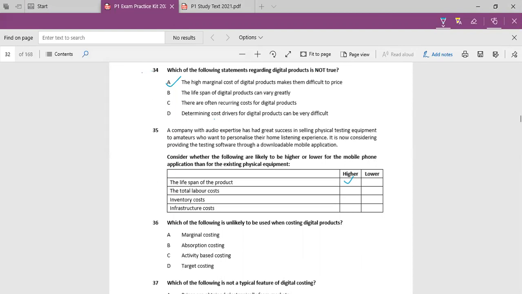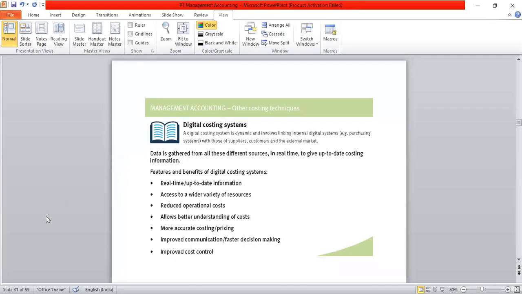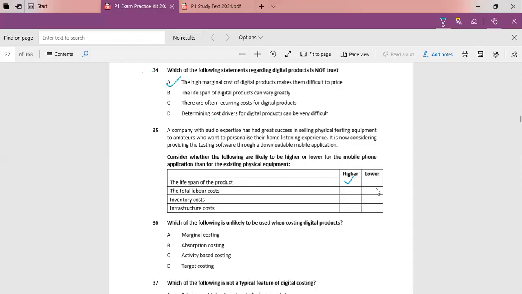The points also talk about the advantages. So it says reduced operational costs, so improved cost control. These are all advantages. So on that note, the total labor cost should be lower.